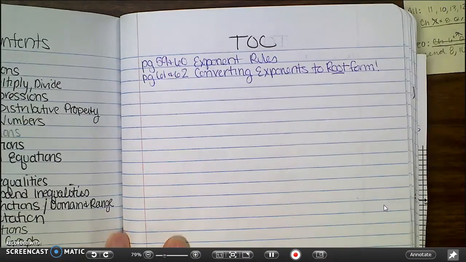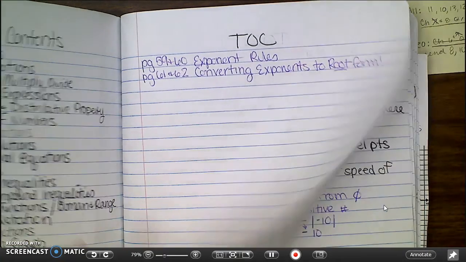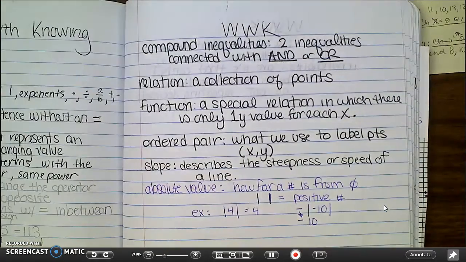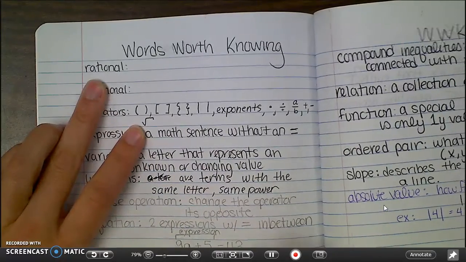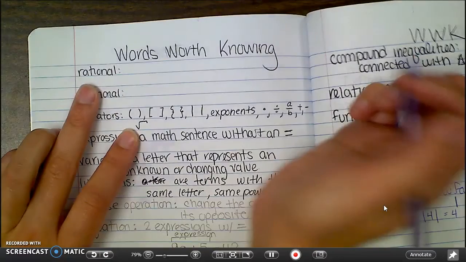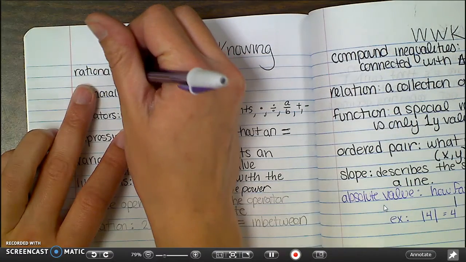So I want to put a few words in our Words Worth Knowing because I think that's important as well. We've already talked about what rational and irrational mean, I'm pretty sure. So I don't know why I don't have this written down here, but I hope you do. Rational means fractional.